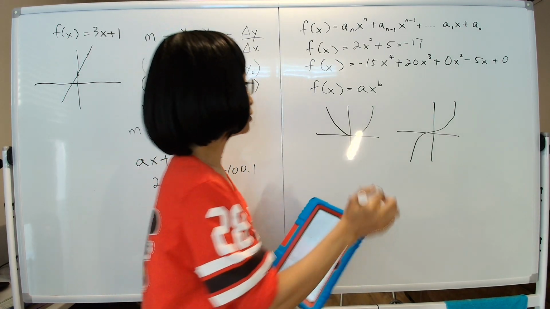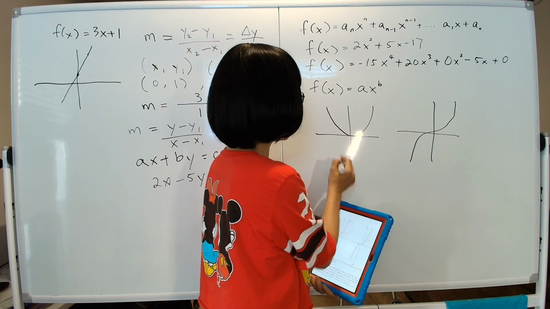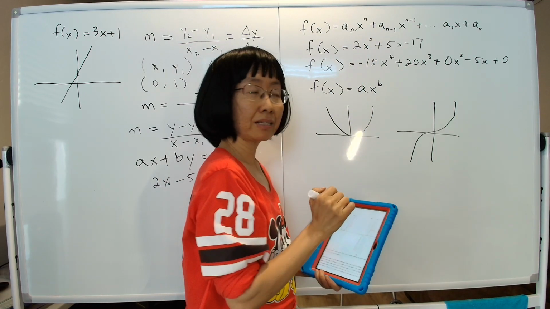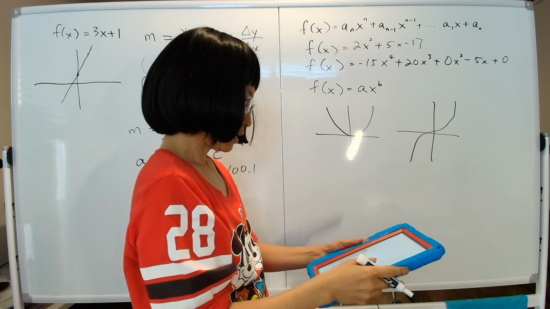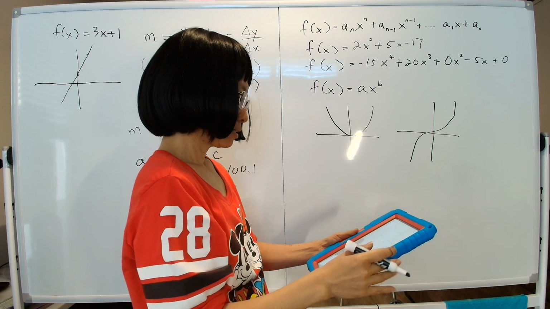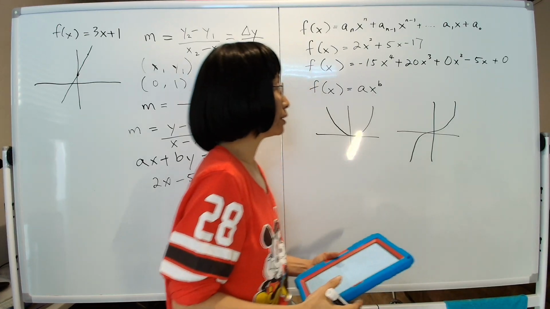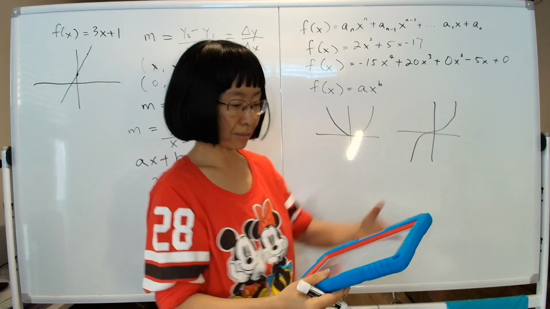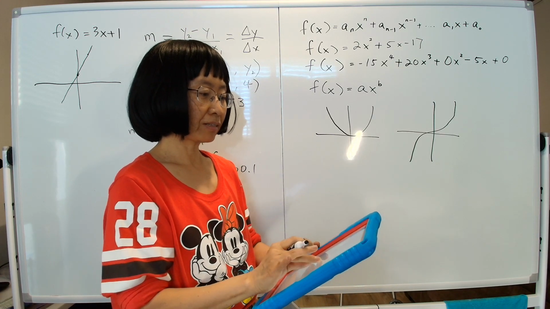So this is for the ones with even n, and when n is odd, the graph looks like that. All right, let's move on.